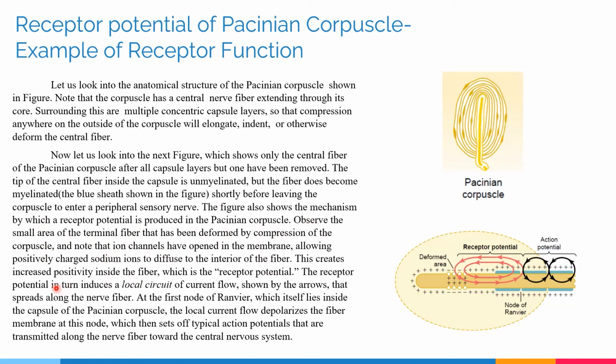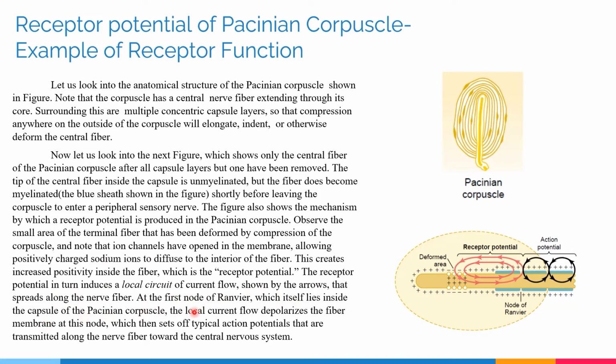This creates increased positivity inside the fiber, which is the receptor potential. The receptor potential in turn induces a local current in the local circuit of current flow, which is shown by red arrows, that spreads along the nerve fiber.